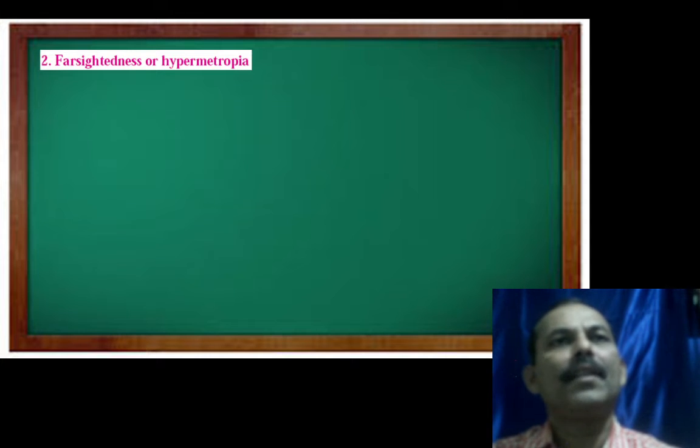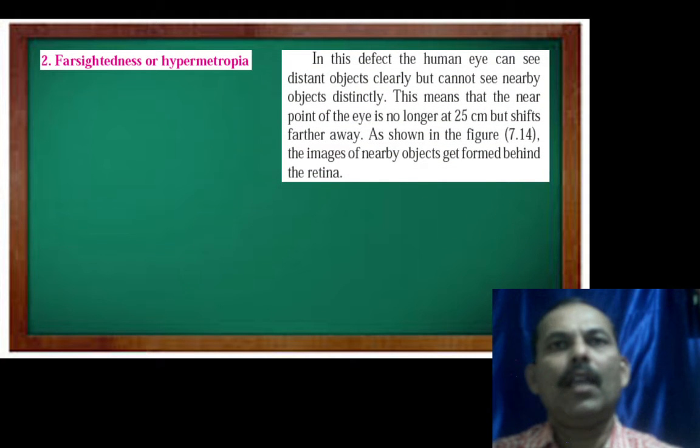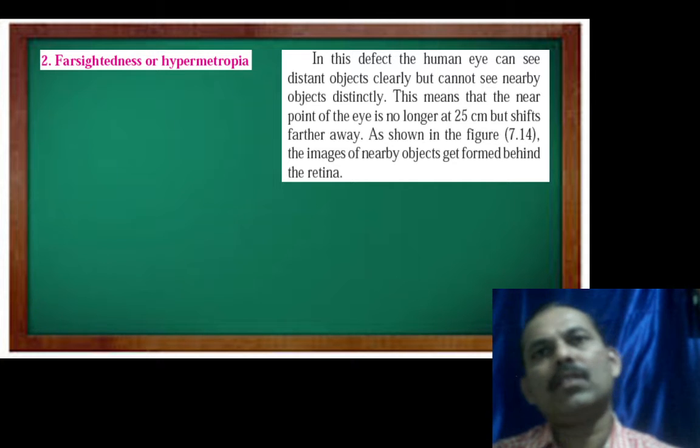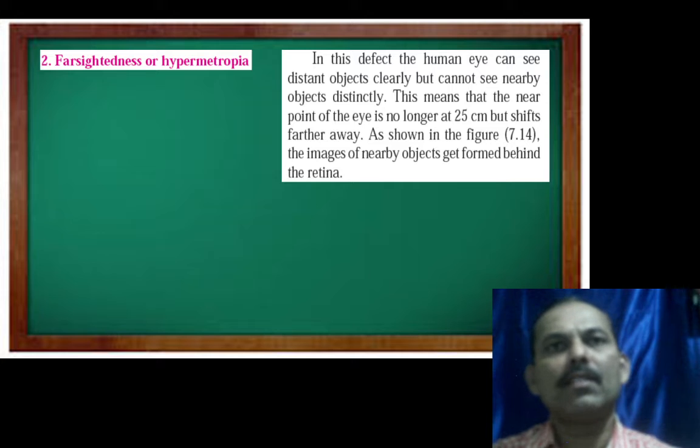Then farsightedness or hypermetropia. In this defect, the human eye can see distant objects clearly but cannot see nearby objects distinctly.